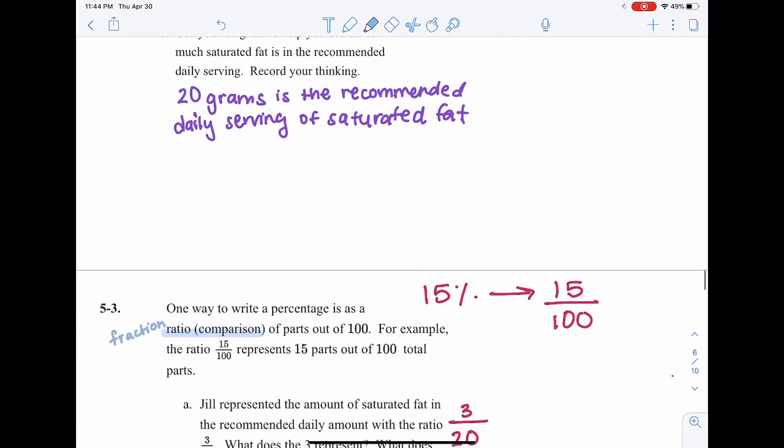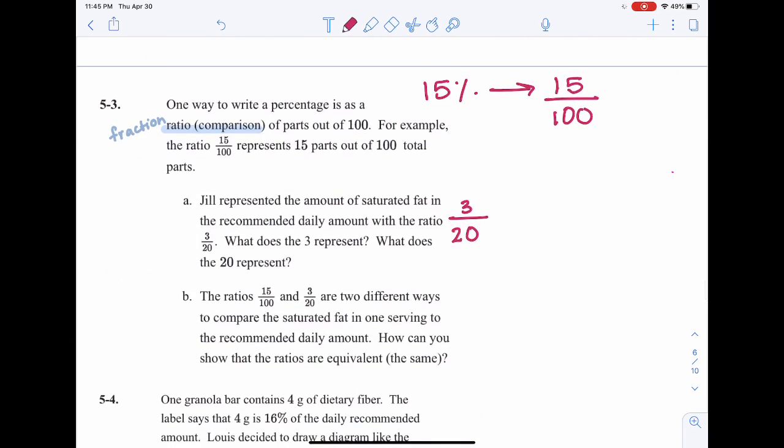Okay, so this represents the amount of saturated fat in 1 serving of Cheesy Mac.